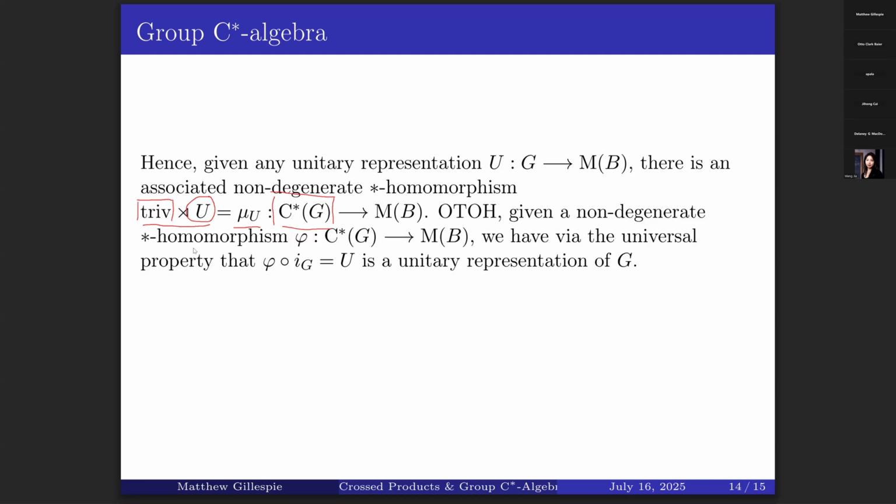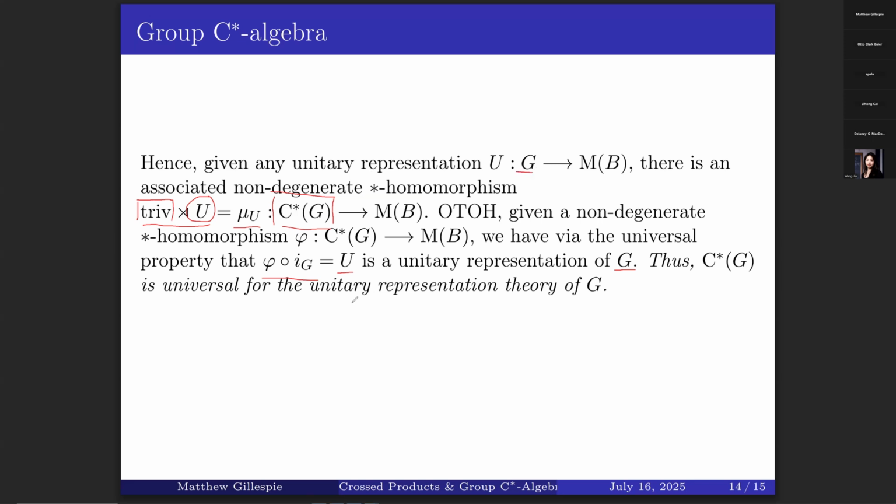On the other hand, if I take any non-degenerate star homomorphism of the group C star algebra, then by the universal property of the cross product, if I compose this representation with I sub G, that gives us a representation of the group, which we're going to call U. So what actually happened here is that I have a bijective correspondence between the unitary representations of G and the star homomorphisms of this C star algebra.